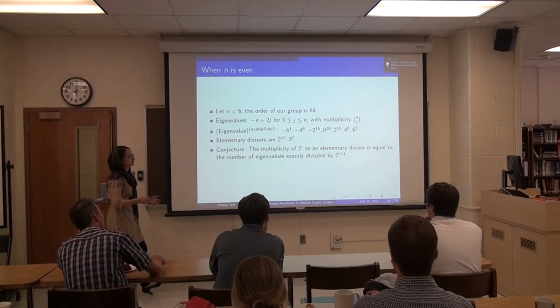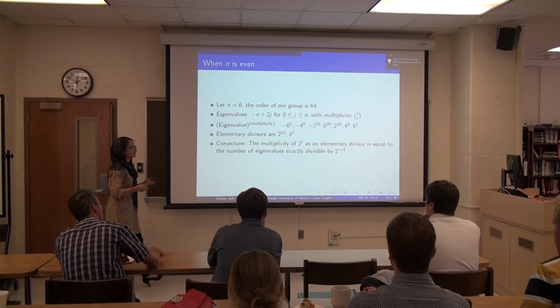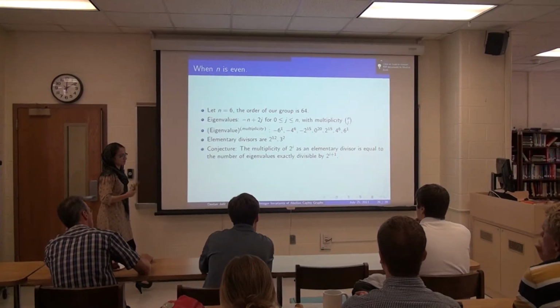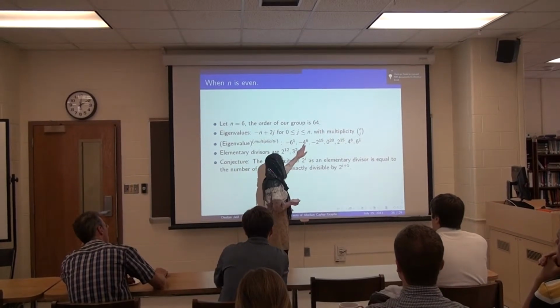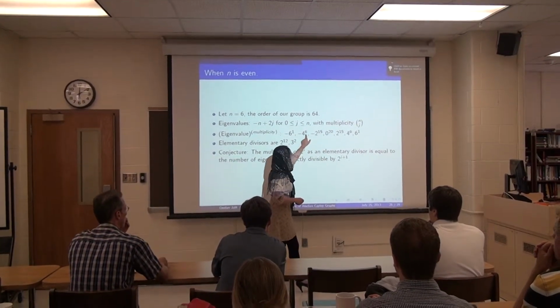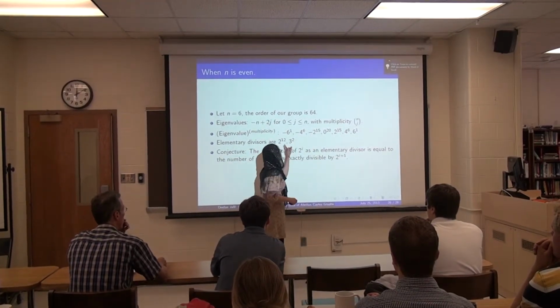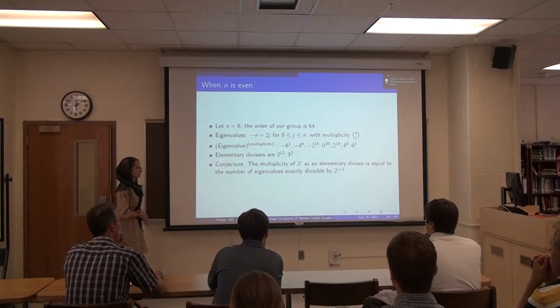What we're going to do is go back to our eigenvalues and see how many of those are exactly divisible by 1 power above that, so 2 squared. And this is where the 2 squared comes from. So 2 squared exactly divides -4 and 4, and these occur both 6 times, so we know that 2 will occur 12 times. We haven't proved this, but we strongly, strongly believe it's true.